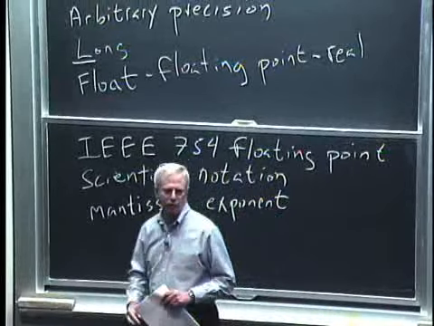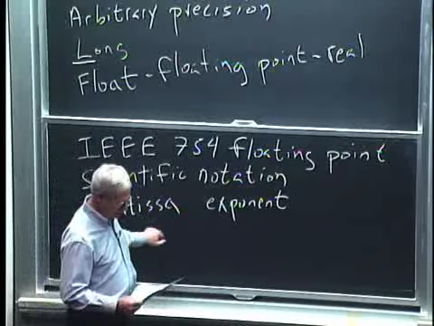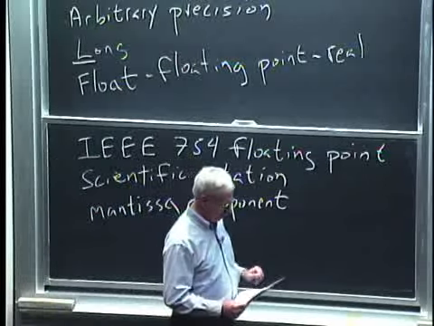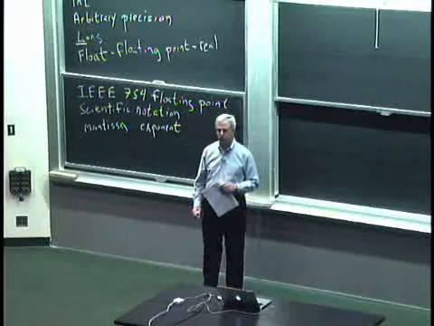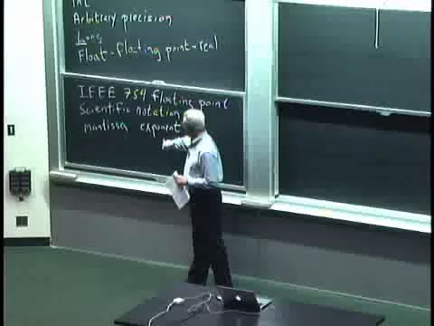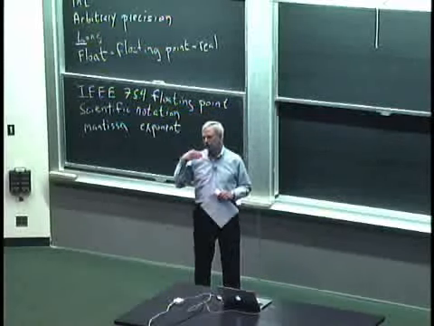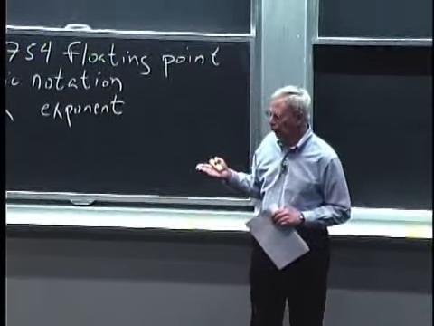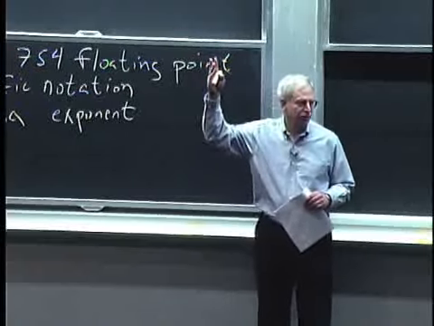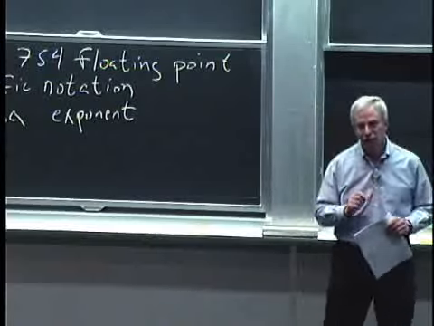So we represent a floating point number as a pair of a mantissa and an exponent. And because computers work in the binary system, unlike what you probably learned in high school, where we raise 10 to some power, here we'll always be raising 2 to some power.